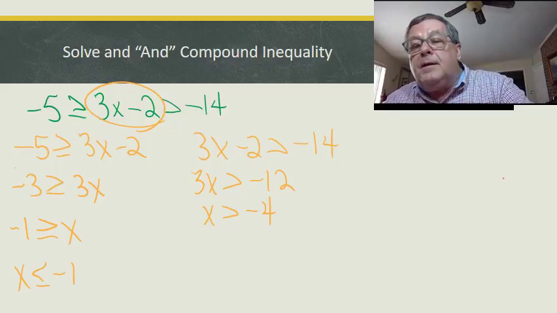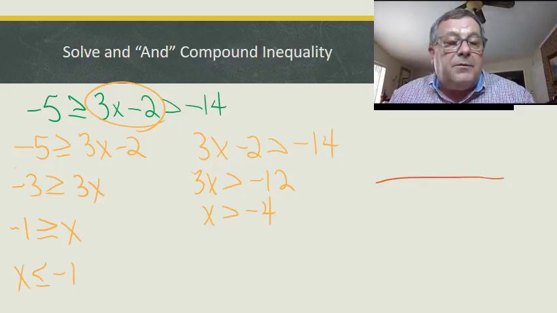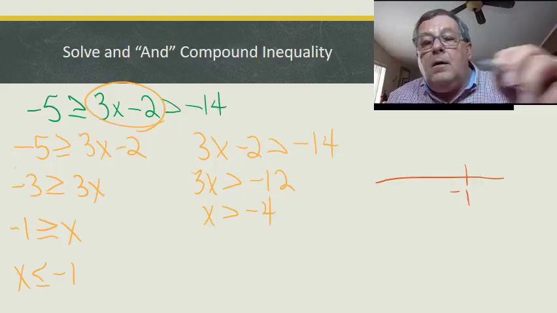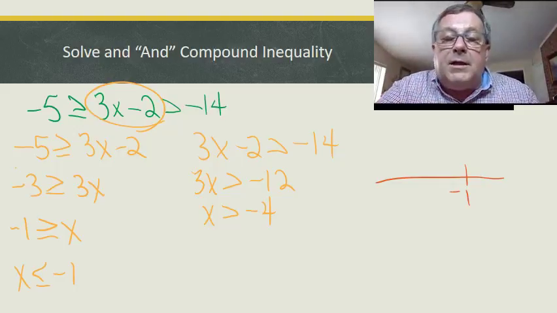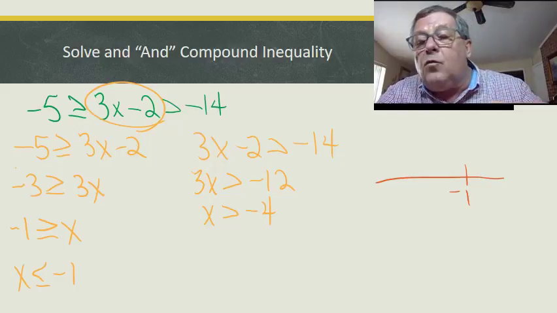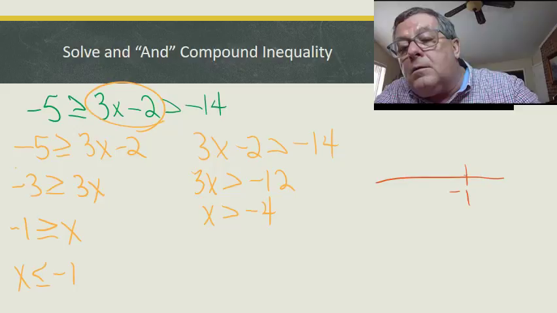So let's see. If I go over here and I got a number line, let's deal with this first part. And let's say we got -1 right here. Well, we're saying that x is less than or equal to -1. Well, one, we got a closed dot, because it's a less than or equal to.